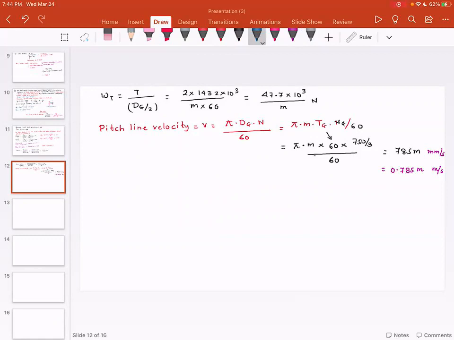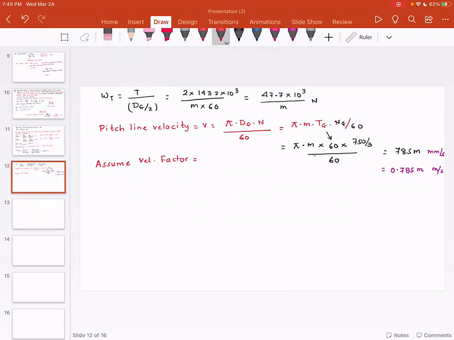Once again, we don't know the velocity factor. So you have a choice. You can assume a velocity factor. Please understand, this is sort of a chicken and egg problem, because unless we know the actual velocity, we can't find the velocity factor. And unless we know the velocity factor, we can't find the module. And to find velocity, we need the module.